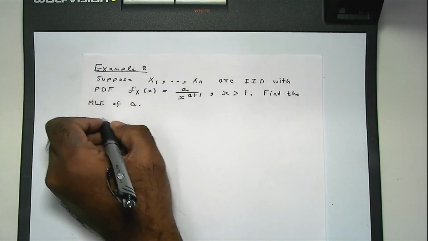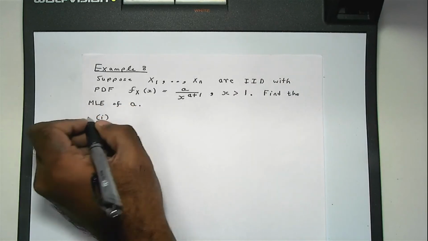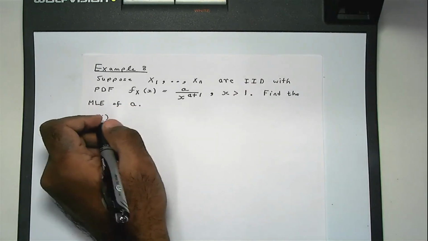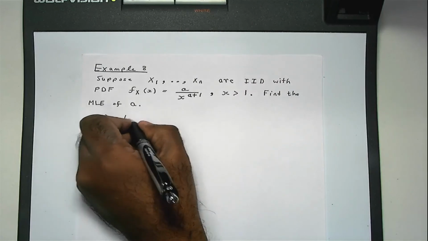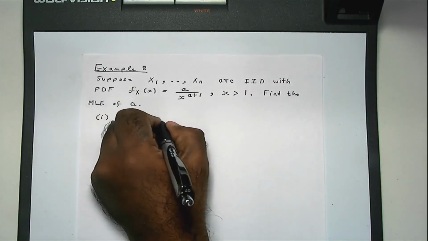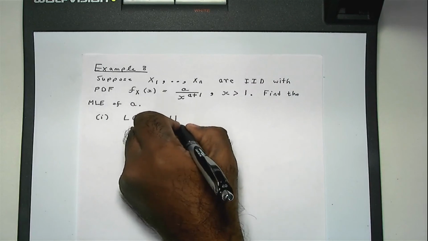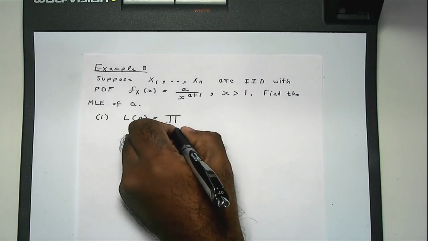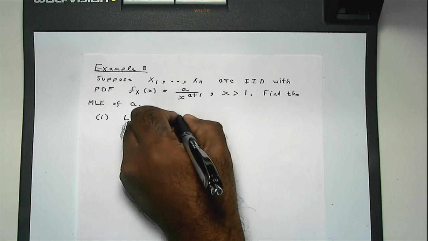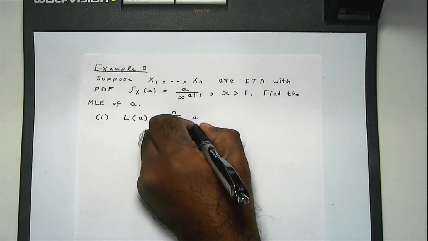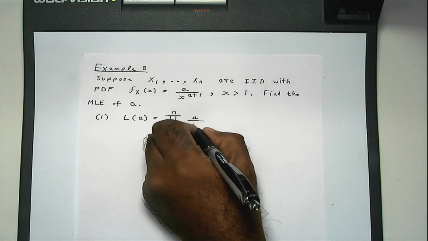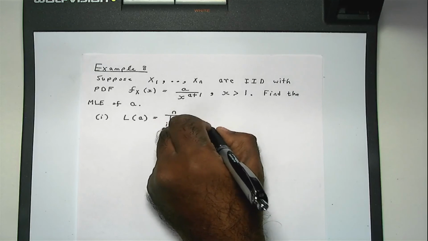So the first step is to write down the likelihood function of A, which is this.